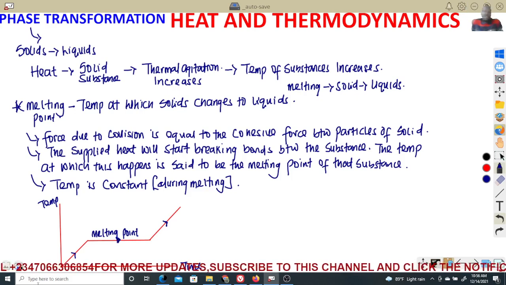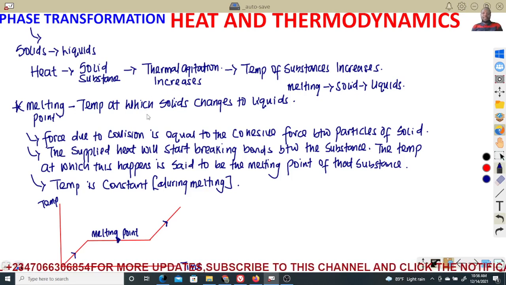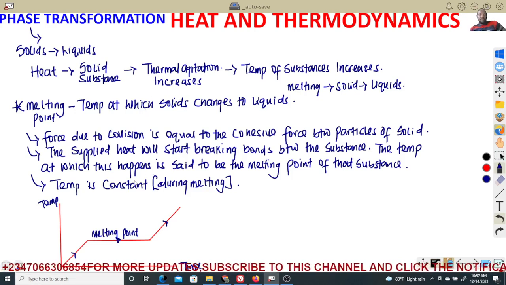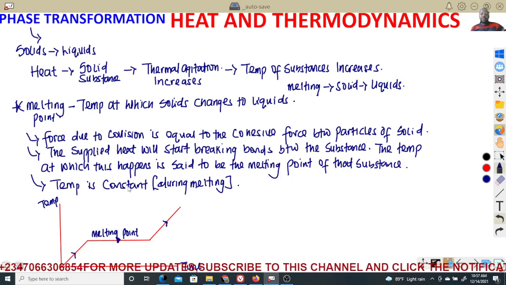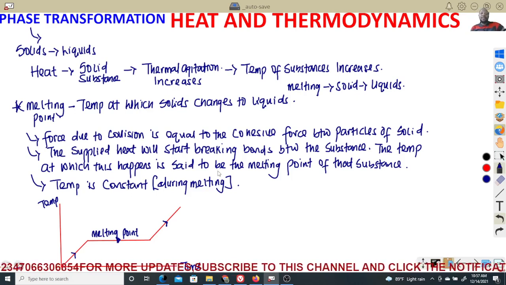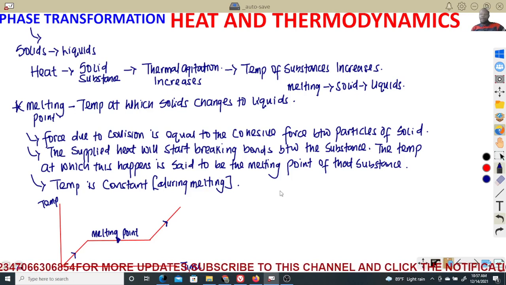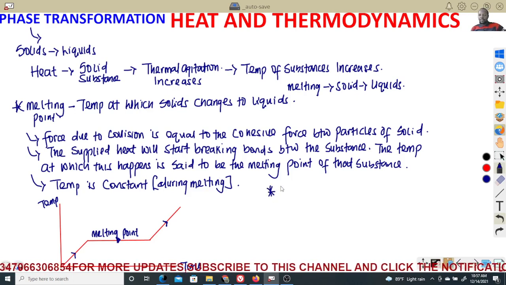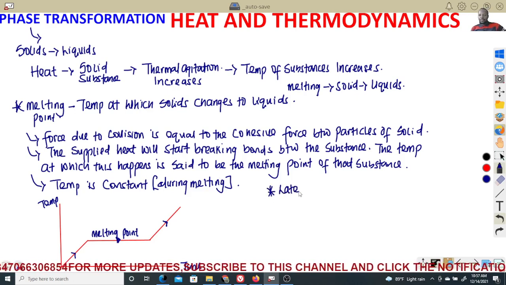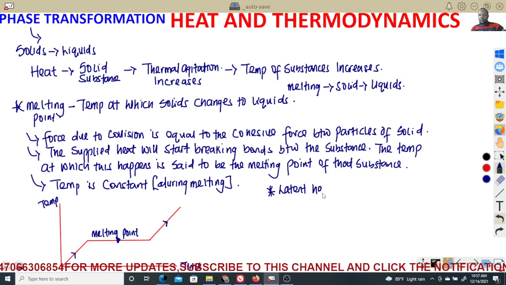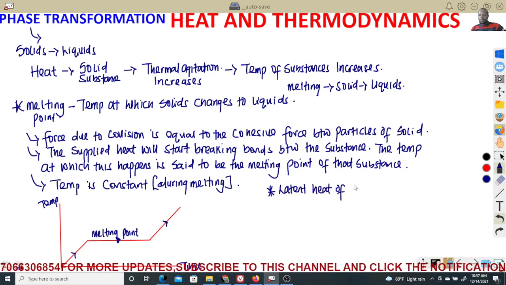And if not, there's always a first time to everything in life. So guys, back to what we're saying. So under this explanation, we now define another parameter we call latent heat of fusion.